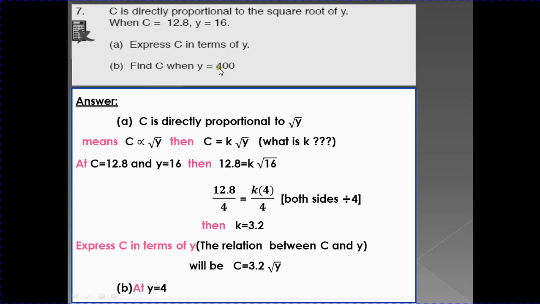Then when y equals 400, you can calculate the value of C. Then C equals 3.2 multiplied by the square root of 400, meaning 3.2 multiplied by 20, it will be 64. Then let's go to the next question.